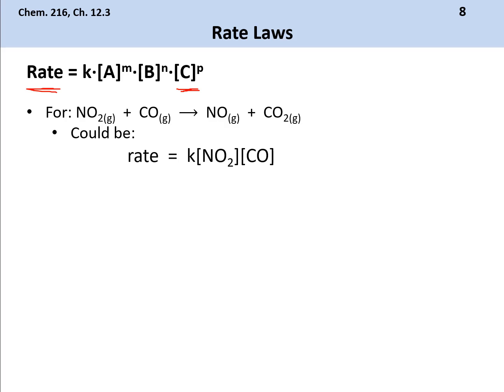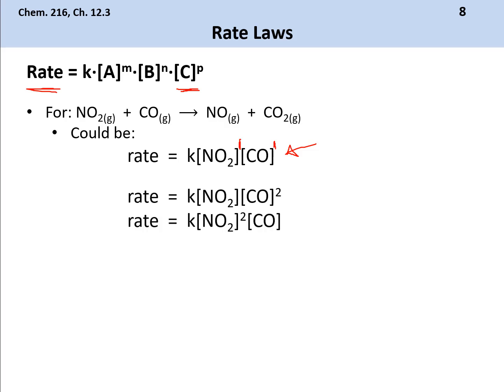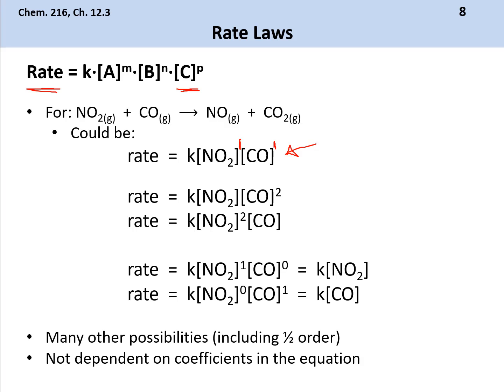So this reaction here could have this rate law: the rate equals k times NO2 times CO. This would be first order with respect to both. Or it could be this one with second order for CO, or this one with second order for NO2. Or it could be to the first power or the 0 power. In that case, these just go away, and I get k[NO2] and k[CO].